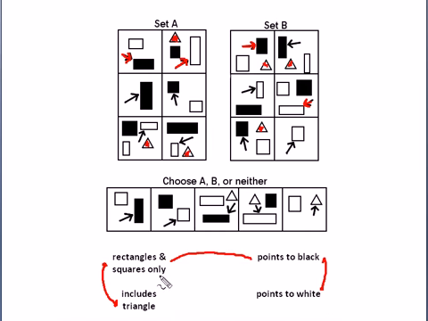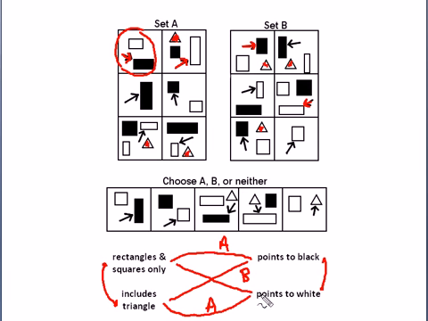If we've got rectangles and squares only and it points to black, that's what we see occurring in set A. But also, if we've got includes triangle, it will point to white, so that's also set A. Whereas the other combination, includes triangle and points to black, or no triangle and points to white, is set B.